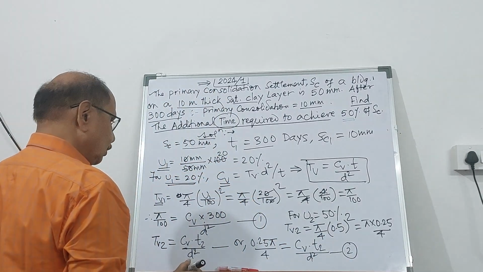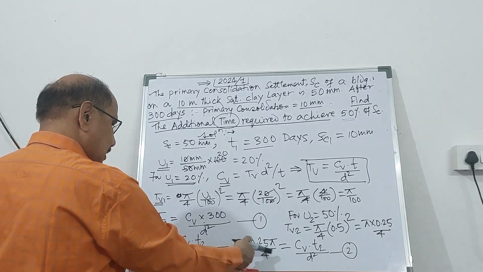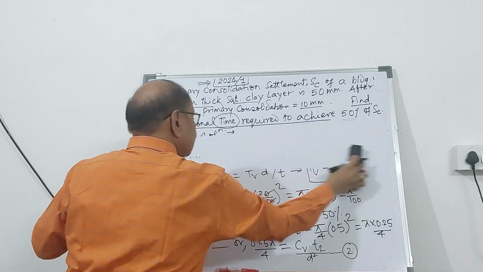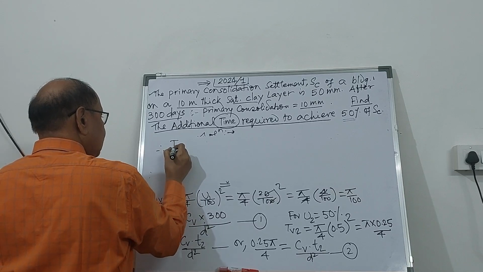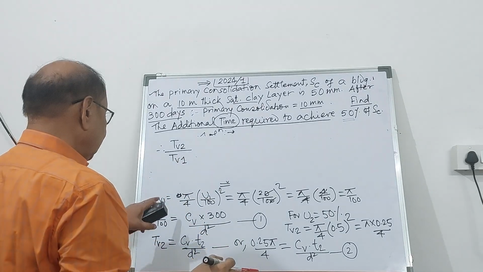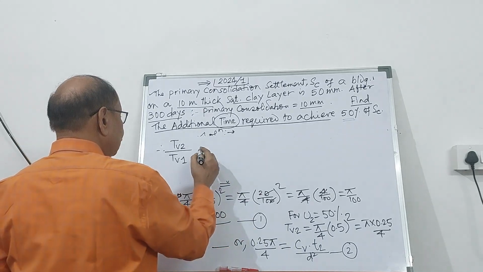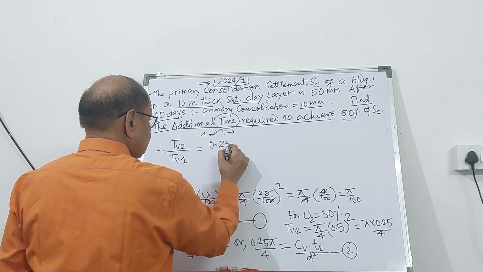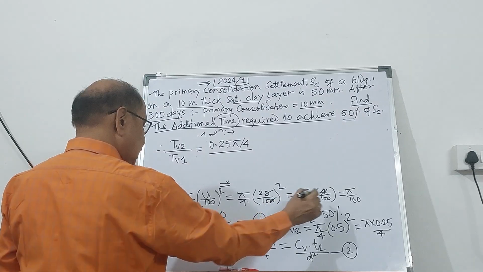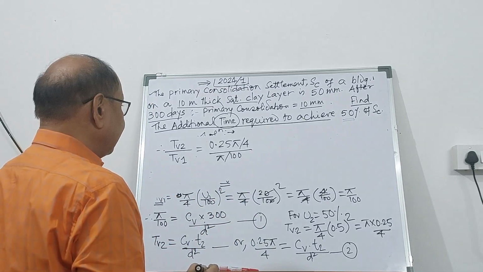Now from 1 and 2, we know that pi by 100 equal to CV by d square into 300, and the other is 0.25 times pi by 4. So if you take the ratio of the two, TV2 divided by TV1: TV2 is 0.25 pi by 4, and TV1 is pi by 100.